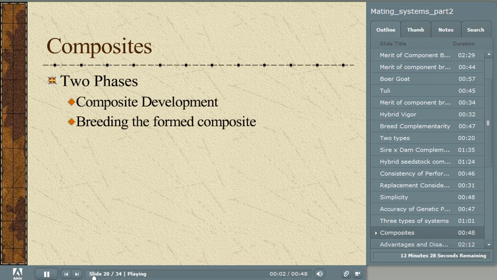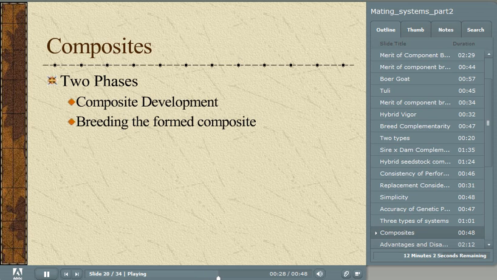So the type of crossbreeding system I want to spend a little bit of time with today is the idea of composites. And I'm a pretty big fan of these, just given the makeup of the U.S. beef cow herd, where a large majority of our females actually are in herds of 40 or fewer animals. And this is an easy way to take advantage of heterosis within a breeding program, even in small breeding programs.